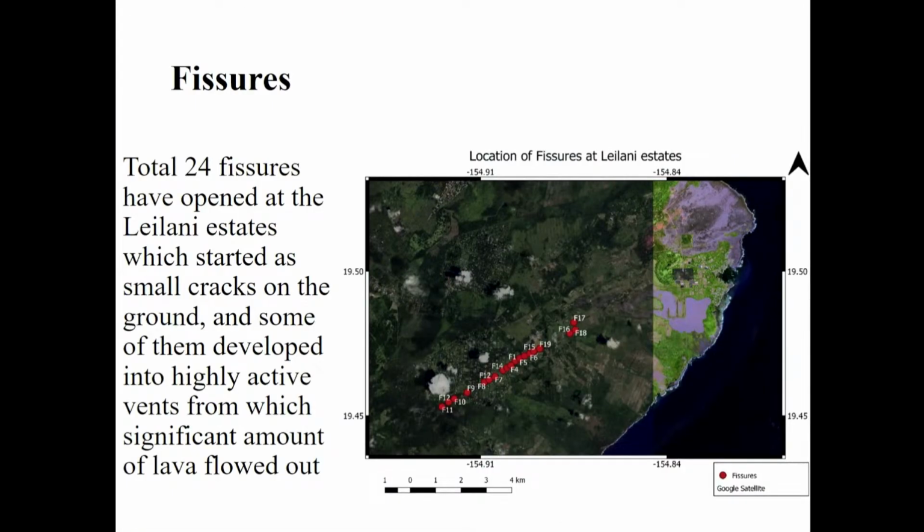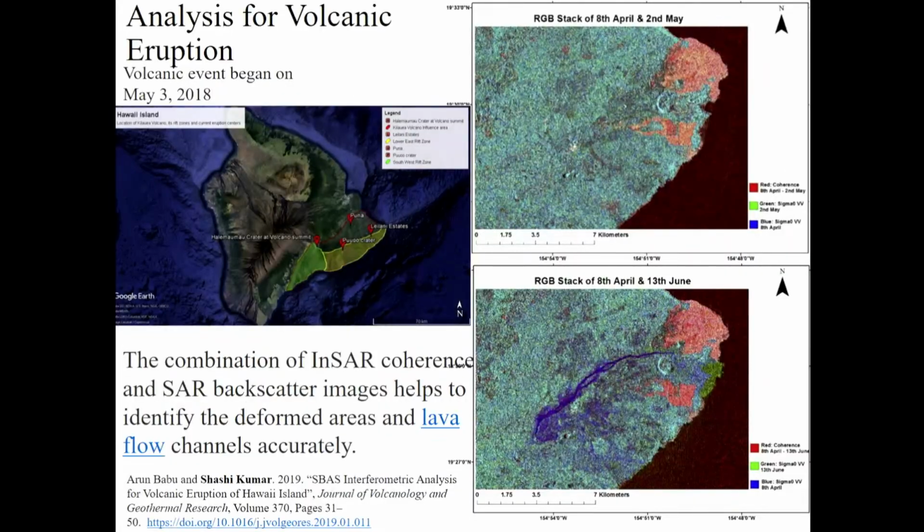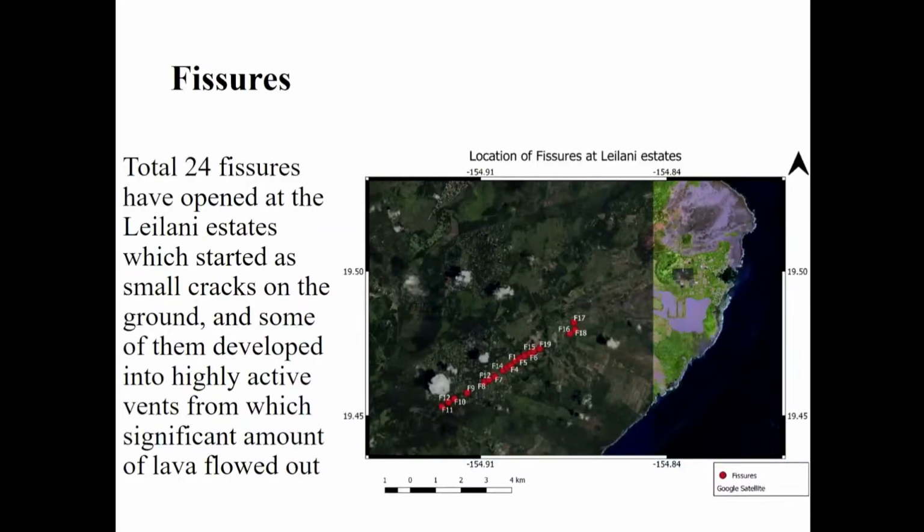Now in the previous study which I have shown, the article published in the Journal of Volcanology and Geothermal Research, that article is basically S-bus interferometric analysis for volcanic eruption of Hawaii Island. When this Hawaii Island volcano erupted, the information of fissures was also there.